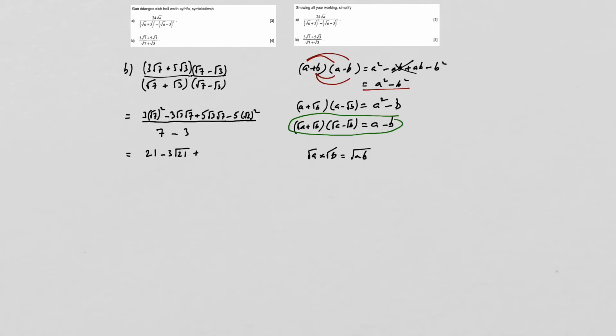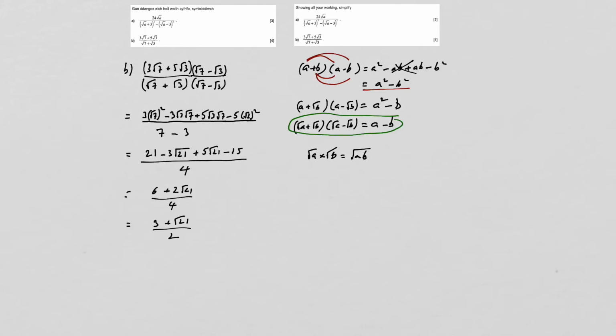The third term, 5 times root 7 times root 3, is 5 times root 21. And then here we've got root 3 squared is 3 times the 5, 15. And on the bottom, 7 take away 3 is 4. So that gives us 6 plus 2 root 21 over 4, and gives us our final answer of 3 plus root 21 over 2.